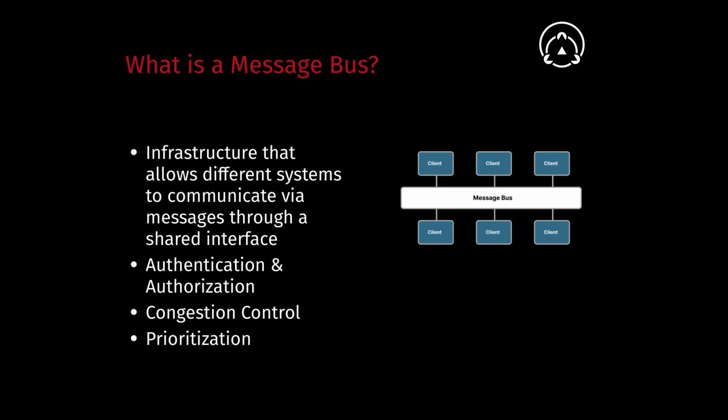The nice thing about using a message bus is that it provides a common platform for messages, and it removes the need for applications and services to communicate with others directly via APIs, because they can just use the message bus to communicate. That message bus can provide authentication and authorization for different topics to publish onto the message bus, as well as some congestion control and prioritization for different types of messages.